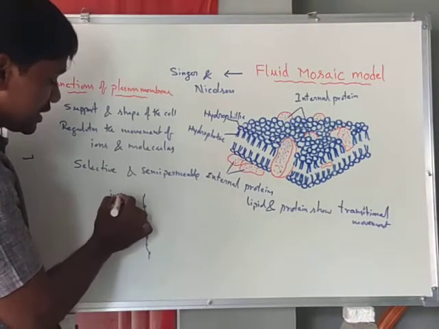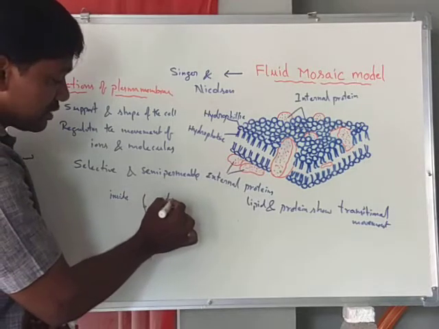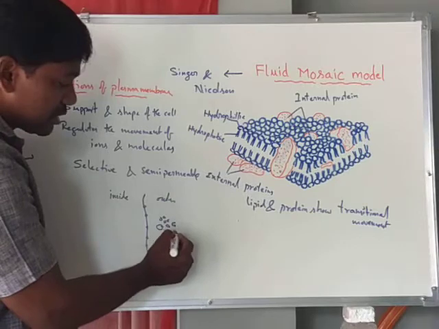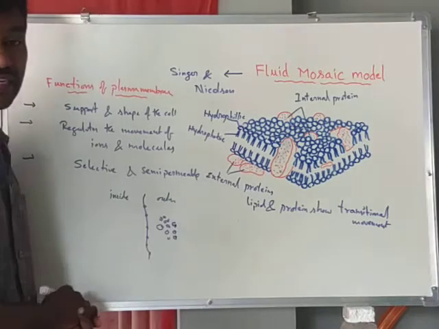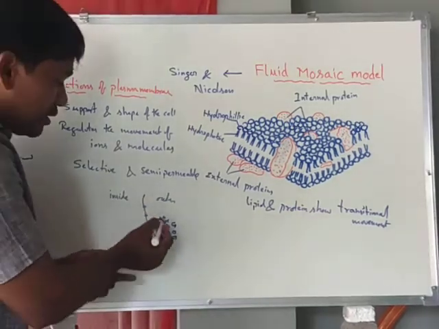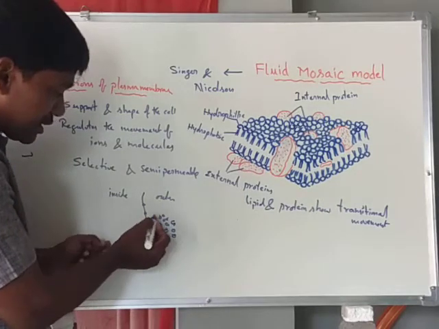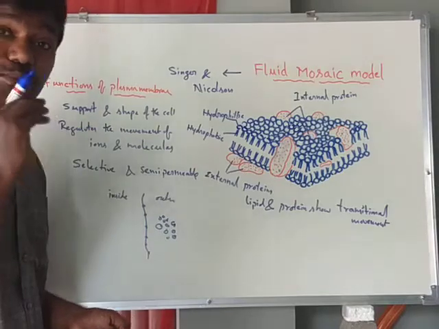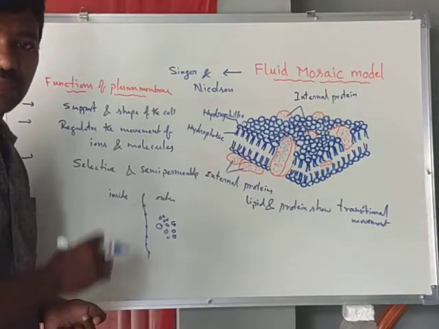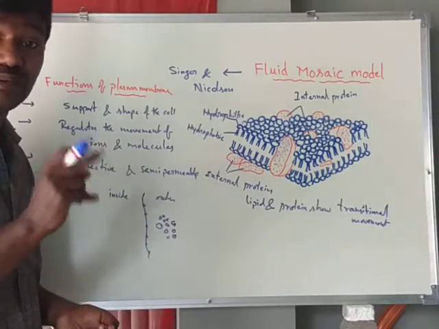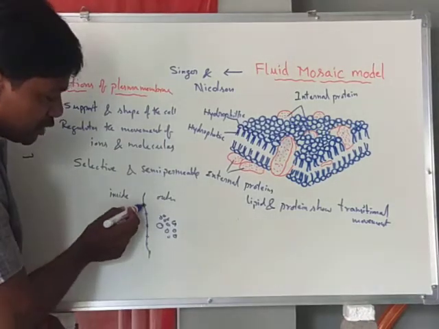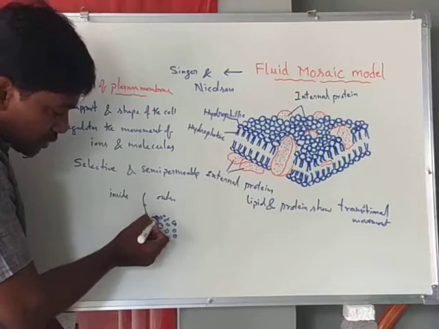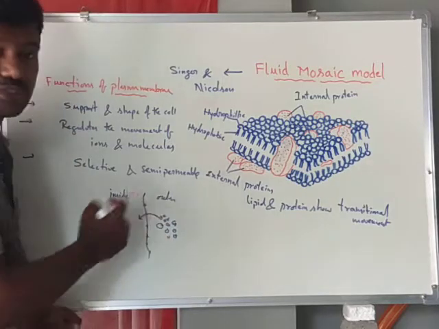There are many molecules, some large particles and some small. The plasma membrane allows particles according to the size of the pore. Since the pores are minute, only the small particles enter through them.